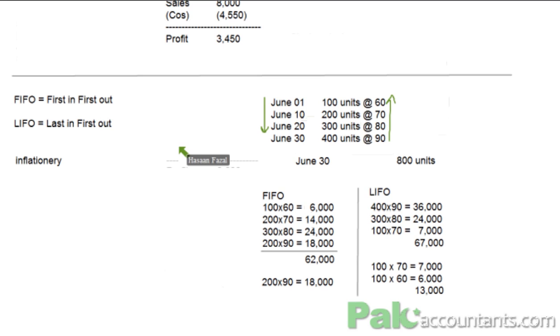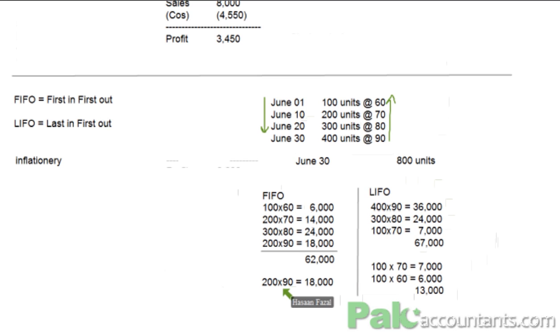When you are valuing your closing stock, that means the stock which you have just now at the end of the year, but the valuation basis you are using is like for the beginning of the year, it doesn't make any sense. If you have the stock with you just now, you should be using the prices that are ruling currently. That means you should be using current prices instead of old prices.